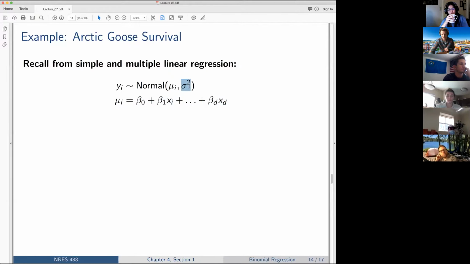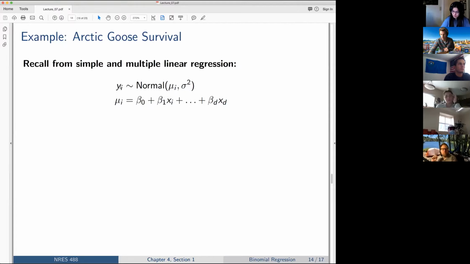And then there's going to be some variability described by sigma squared. We plug into R our yi's and our xi's, and then R gives us an output table on what all of our betas are here and what our sigma squared is here. And we fit our regression model, and then we can make inference about this population.